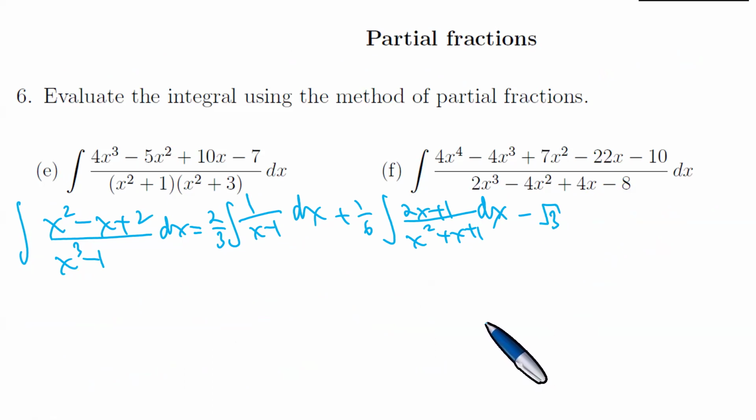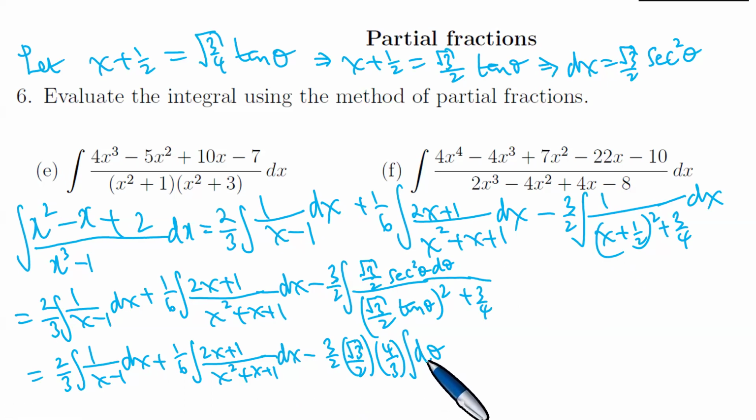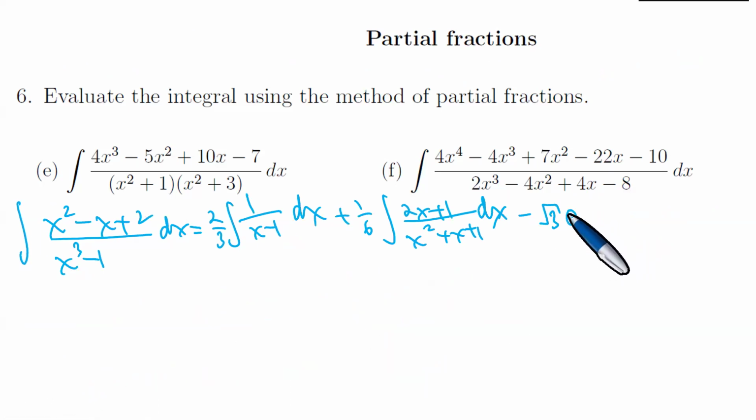Minus the square root of 3. Okay, let's check now. Minus square root of 3, and then you have the integral of d theta, which is exactly theta plus c.